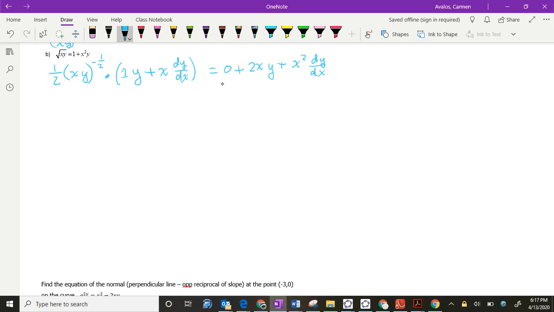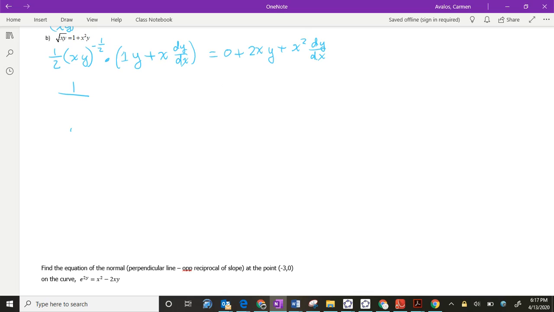Well, this one here is going to be a negative, and it's a square root, so this one here is going to be 1 over 2 square root of xy, and it's going to be multiplied to this side, so it's going to be times the y plus x dy/dx.